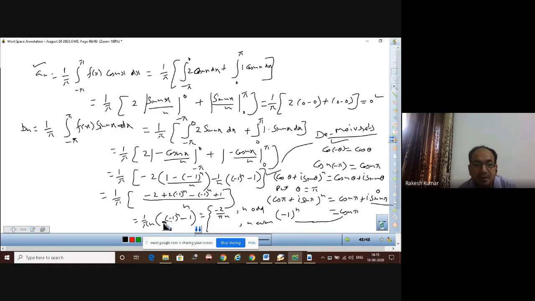And when n is even, minus 1 raised to an even power will always give you 1, and 1 minus 1 will always be 0. In the case of even, it will give us 0, and in the case of odd, it will give us the value minus 2 over pi n. So this is the value of the third Euler constant Bn.